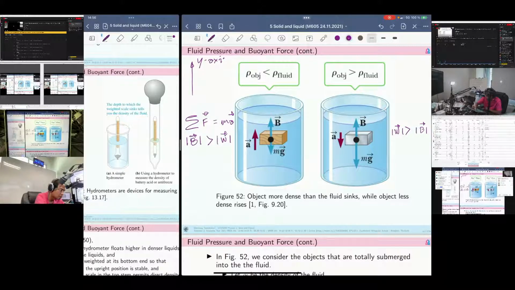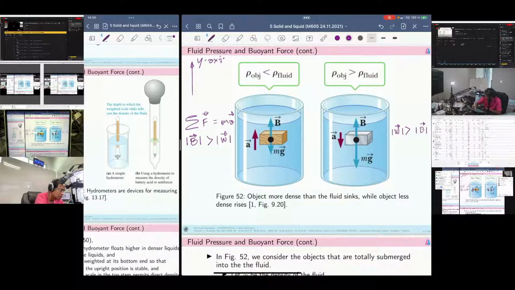You will see that B is pointing up. You have B minus the weight equal to ma. So a, the direction here, is going to be up too, because B is greater than W.